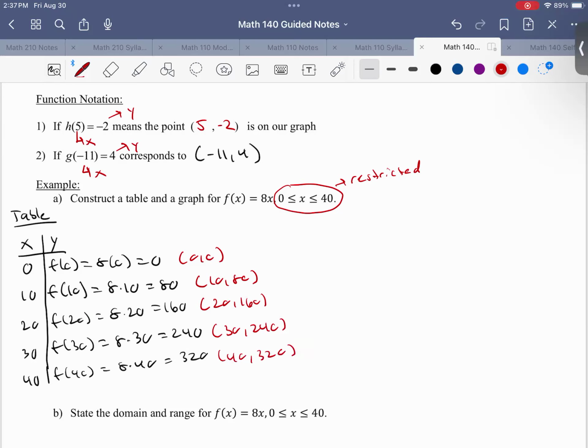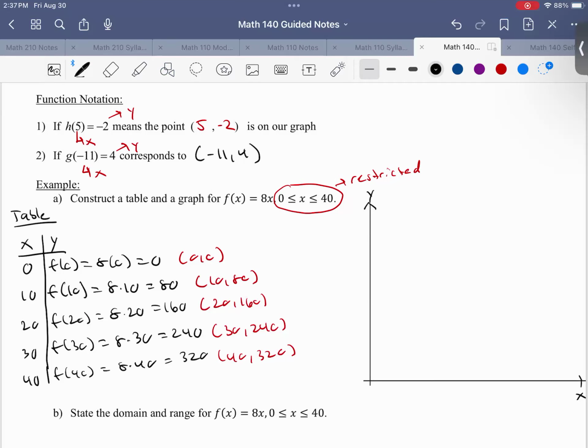Okay, so now the next part is to just graph these points. Let's go ahead and graph this off to the side here. My x values are always horizontal, my y values are always vertical, in our xy coordinate plane.